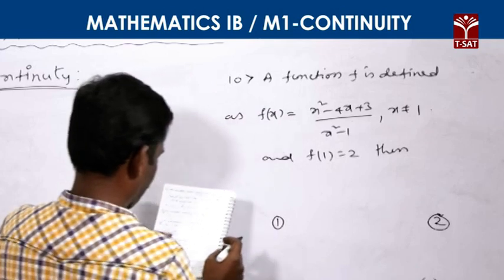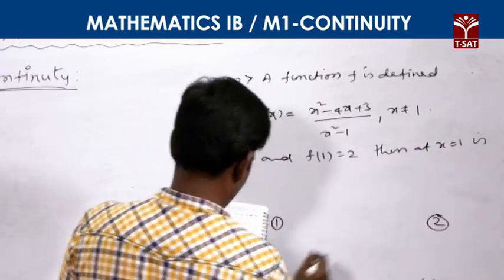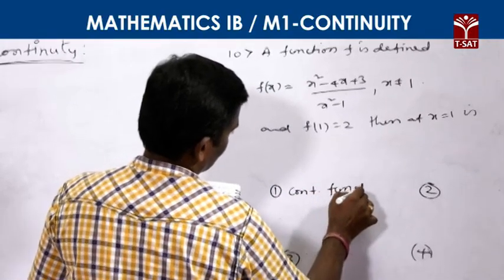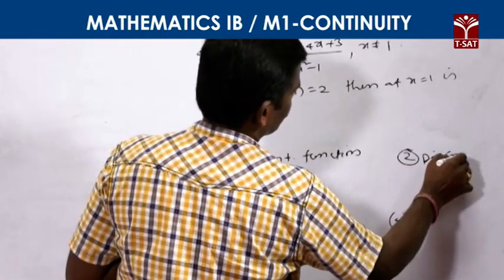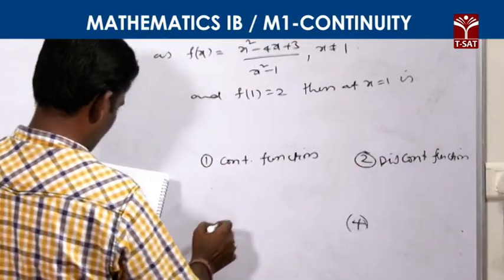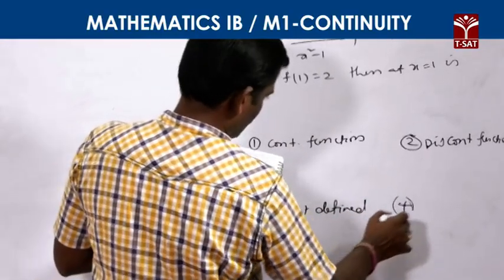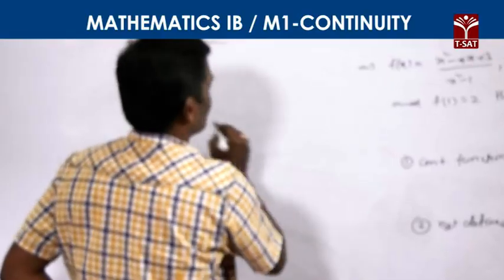Then at x equals 1: the first option, continuous function; the second, discontinuous function; the third, not defined; the fourth, none.